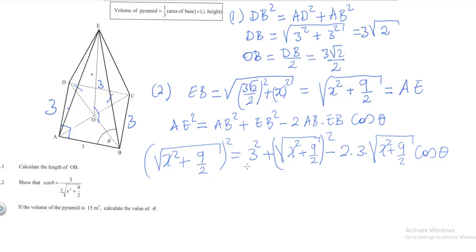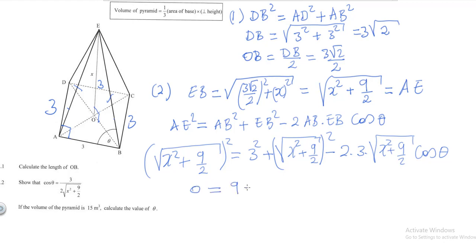These two sides are equal. If these two sides are equal, how can we manage to do? If we minus both sides by this, these two will be cancelled. Alright, so we'll have here 0.